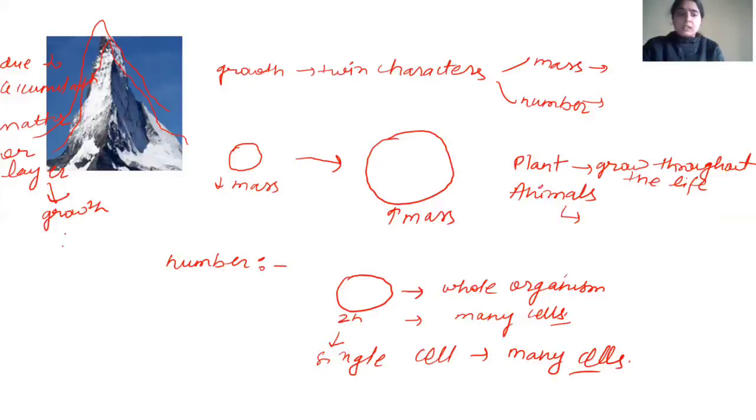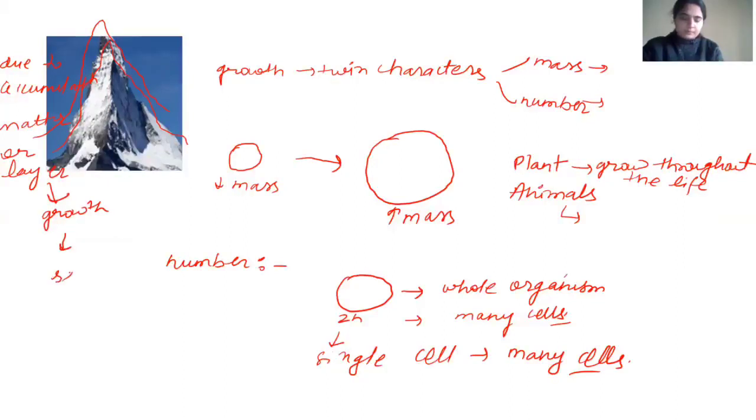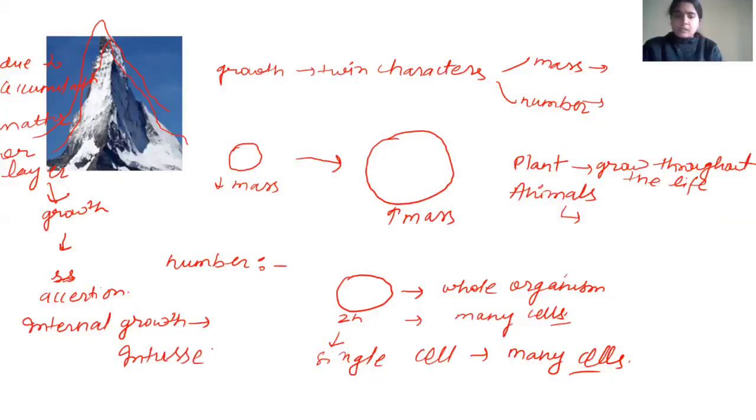This growth by accumulation is called accretion, and the internal growth that happens in living organisms is called intussusception.